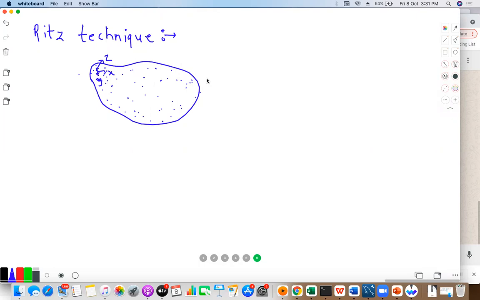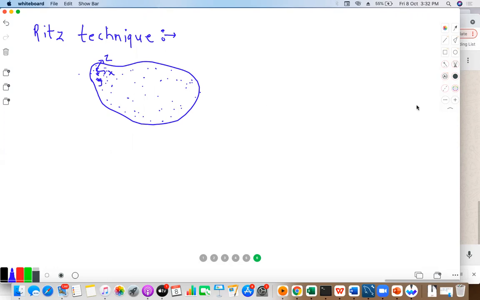Solving differential equations at each point by applying the boundary conditions for infinite degrees of freedom is not possible.